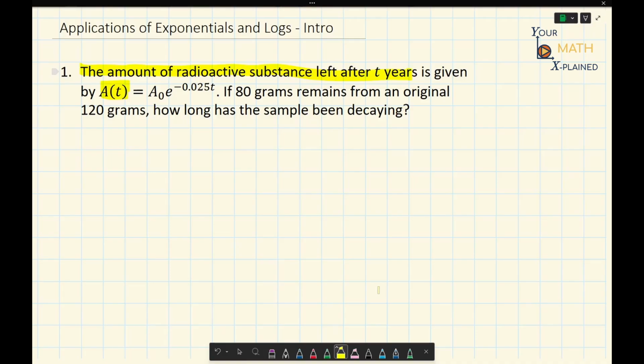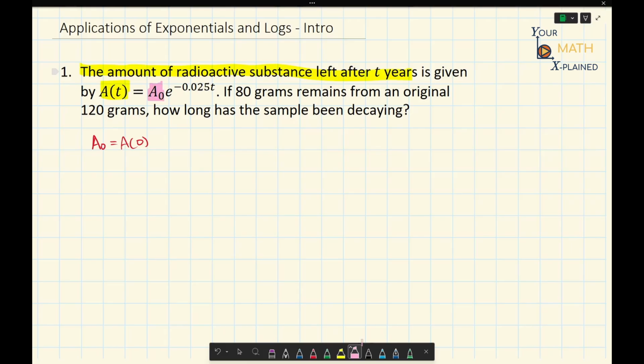So the A here is the amount of radioactive substance left. But it is a function of t because it depends on how many years have passed. Now this A0 here is actually just A of 0. So meaning when t is equal to 0. So if t is equal to 0, then that means no time has passed. So A0 actually stands for the amount that we started with.